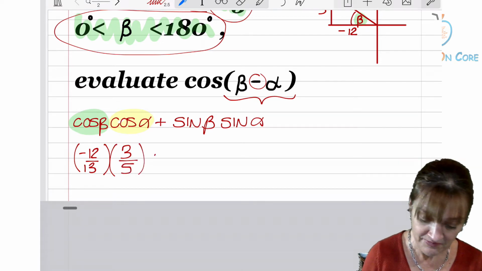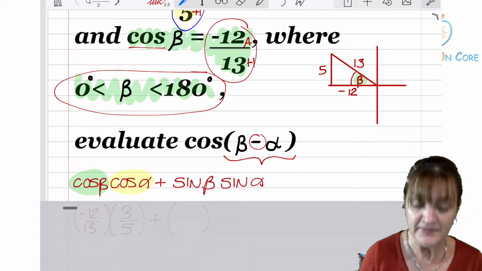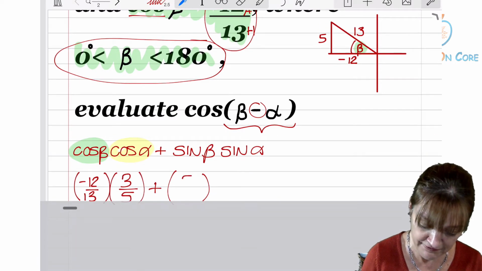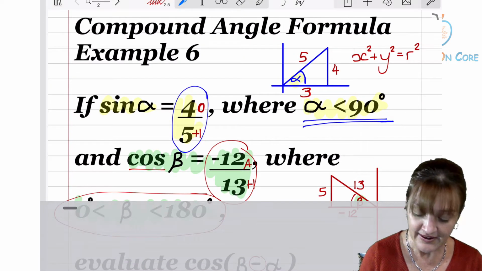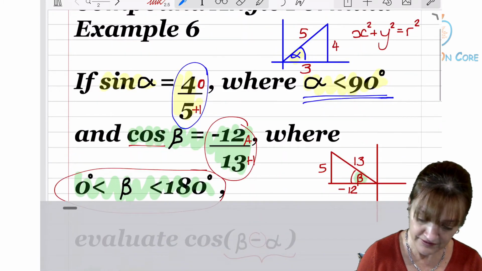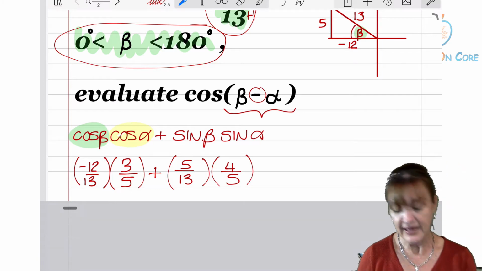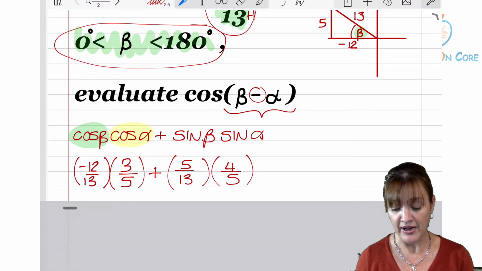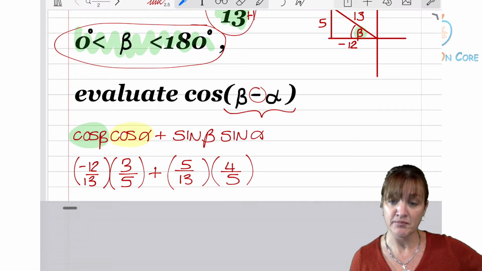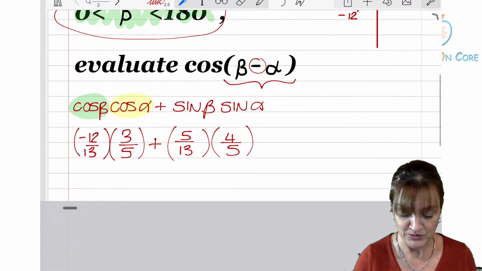Sine of beta, so back to my beta. Sine is my opposite over hypotenuse, so that's going to be 5 over 13. And sine of alpha, sine is my opposite over hypotenuse, so we've got 4 over 5. Okay, so by using those diagrams and by stretching out using the compound angle, I've managed to give myself quite a nice sum to work out.